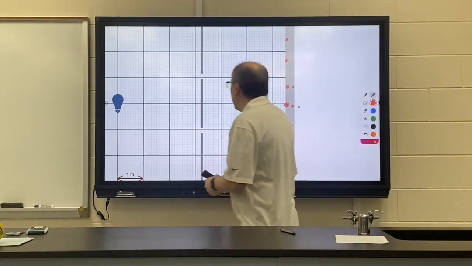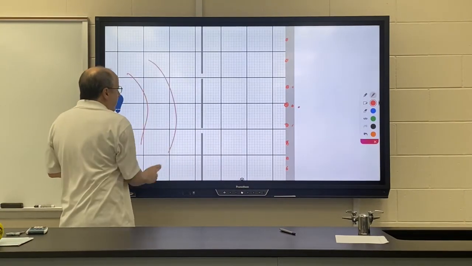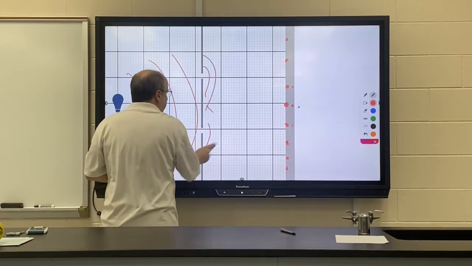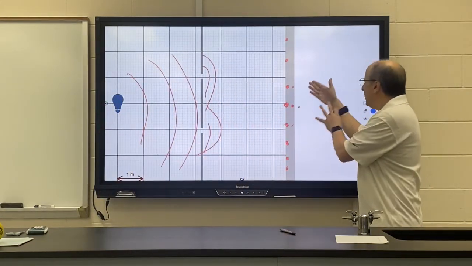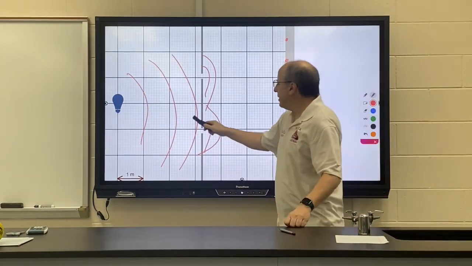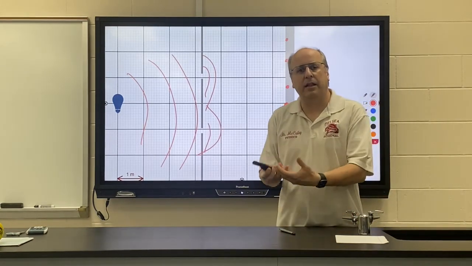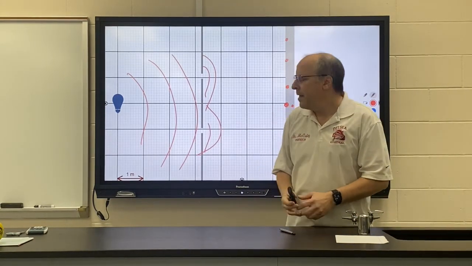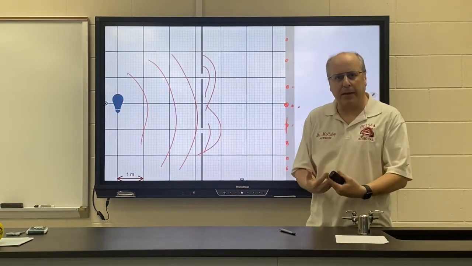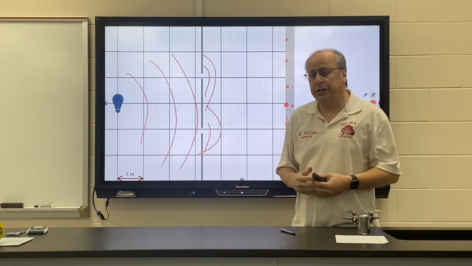So somehow that one photon was really a wave passing through both openings at the same time, but then it only hit in one spot at a time. So it acted like a wave until it hit, and then it acted like a particle. And the weird part is, let's say we made this wall out of some sort of metal that had a very low work function.